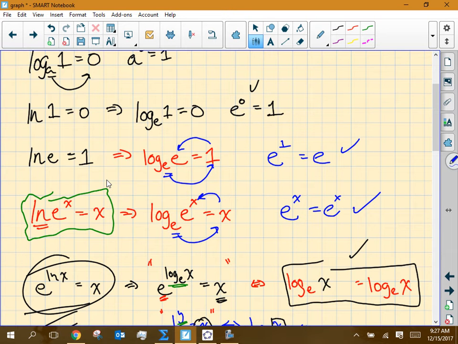And then the more you see these, the more they become just kind of second nature. They become common knowledge to you. I'm not saying go home and memorize them. There's nothing wrong with doing that, but I don't think you have to at this point. They're just going to be things that we use on a consistent basis when we solve these equations. We deal with these applications.